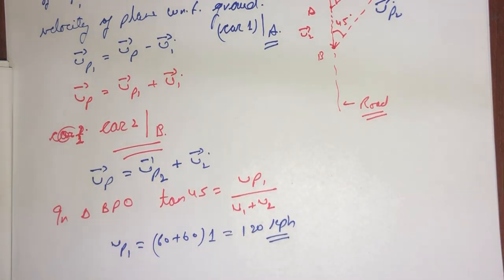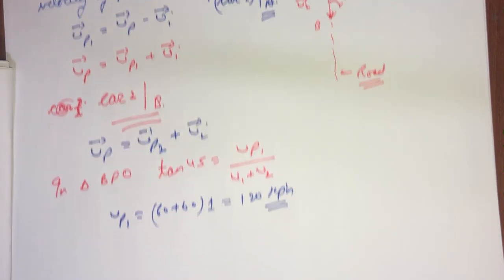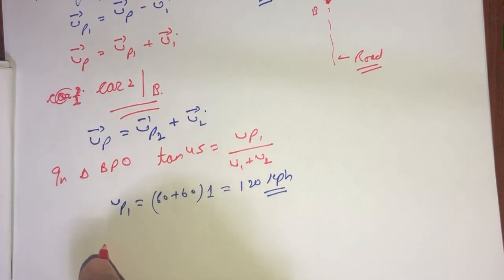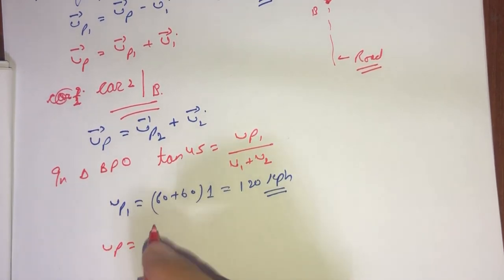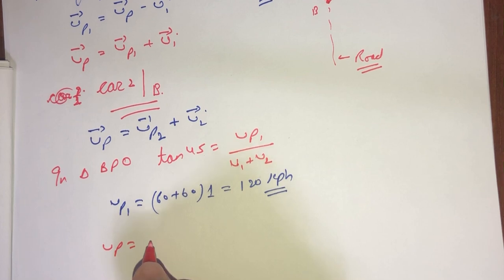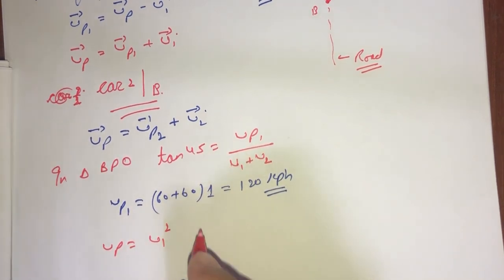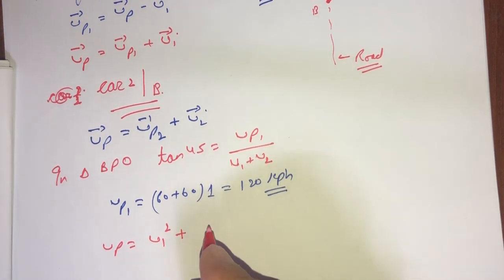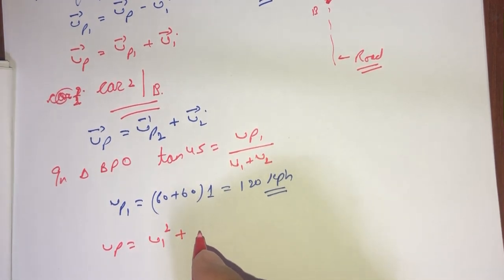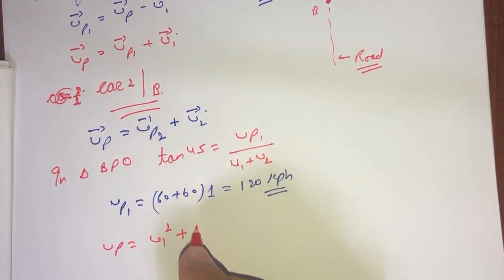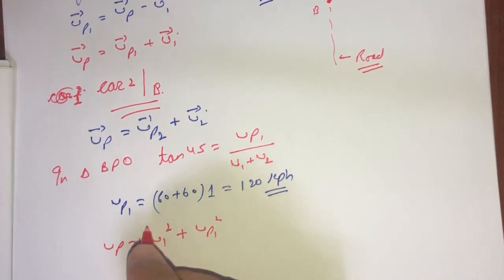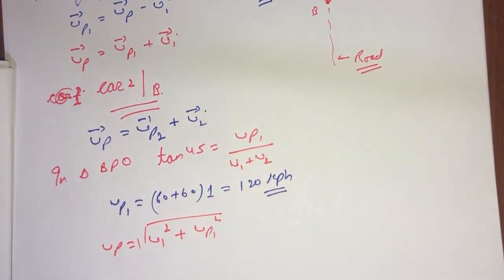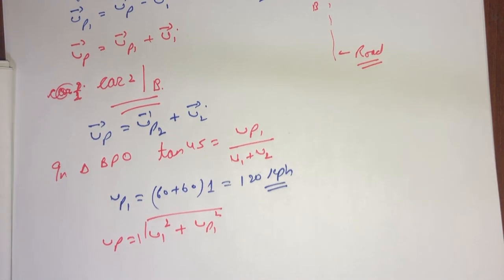So from now we can find out what will be the velocity of the plane Vp. This will be equal to the square root of V1 square plus Vp1 square. We already know V1 is given as 60.